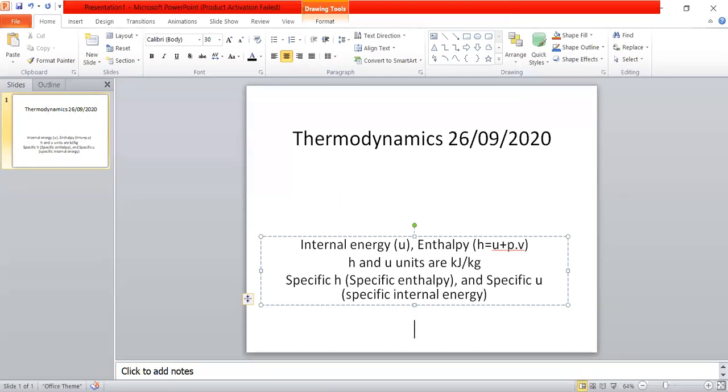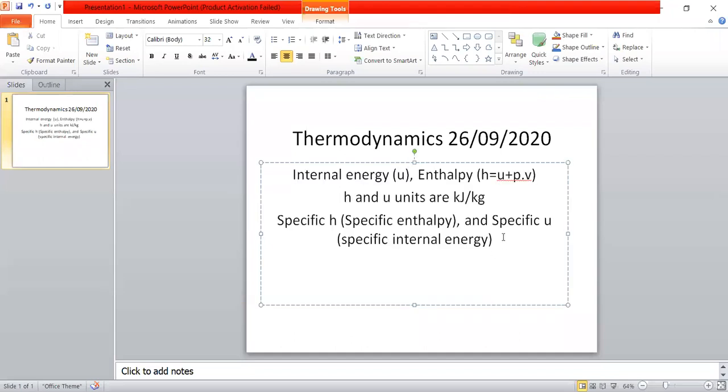Same way, if you think of specific entropy, this one we denote by small s, and the unit is kilojoule again per kilogram, but here we have the per Kelvin term as well.